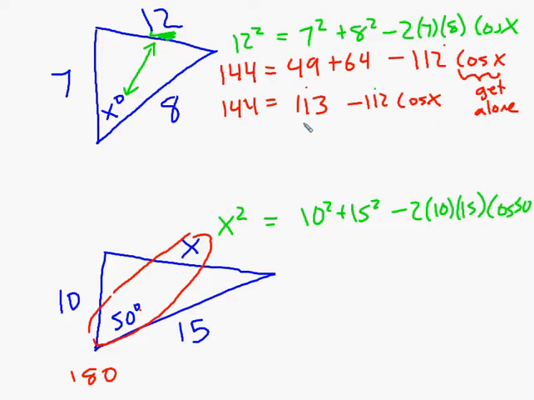So you cannot do this 113 minus the 112. For the same reason, if I had 44 equals 13 minus 12x, could I combine those? No, they are not like terms. Inevitably someone will end up doing that, which is why I was doing it in pieces to avoid that problem to begin with.